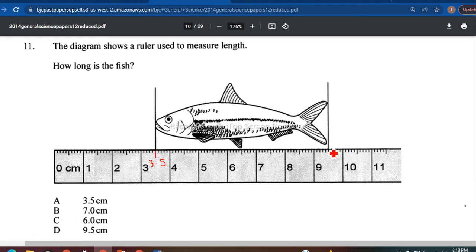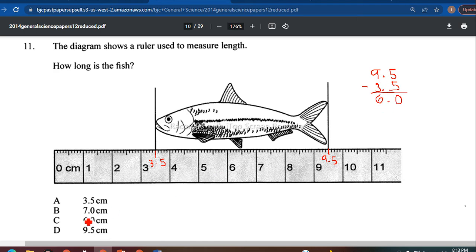The reason why I said 9 is because it stopped at 9. I didn't even see that it was in the middle of the ruler. Yeah, it is in the middle. That's why I say be careful before you answer. So 9.5 minus 3.5. 5 minus 5 is 0, and 9 minus 3 is 6.